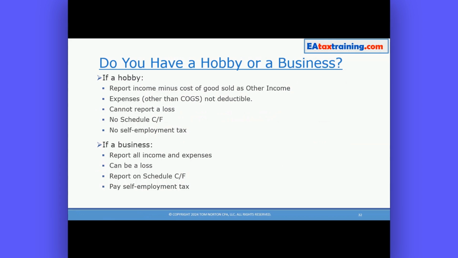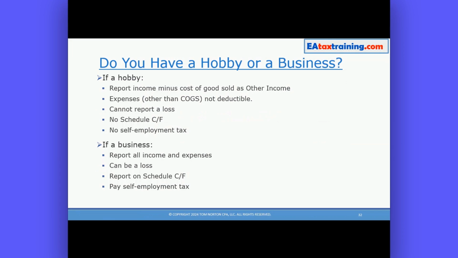So if you have a hobby, then you can report your income minus your cost of goods sold, and you would report that on your Form 1040 as other income. But you would not report that, for instance, on a Schedule C because you don't actually have a business. You just have a hobby.